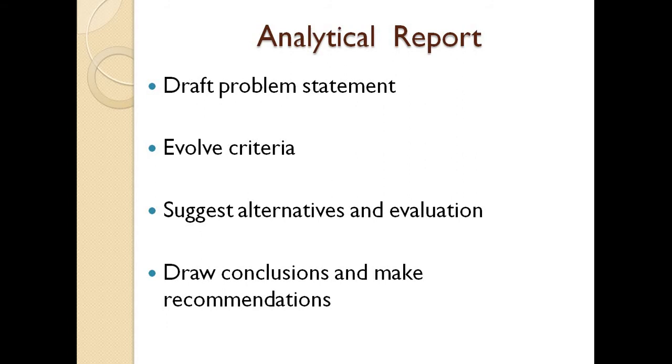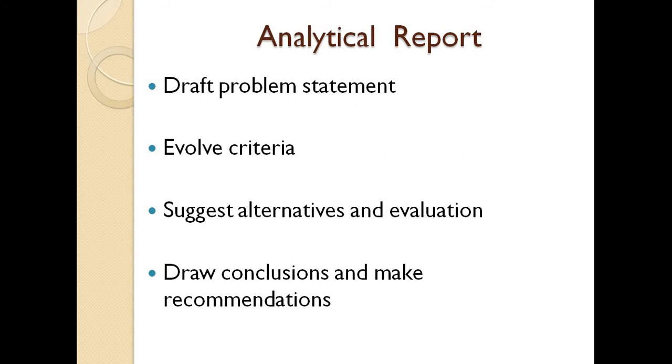In an analytical report, you must draft the problem statement, that is the issue that you are tackling, evolve criteria, which means that you must have some parameters against which you will write that report. Then suggest alternatives and evaluation.